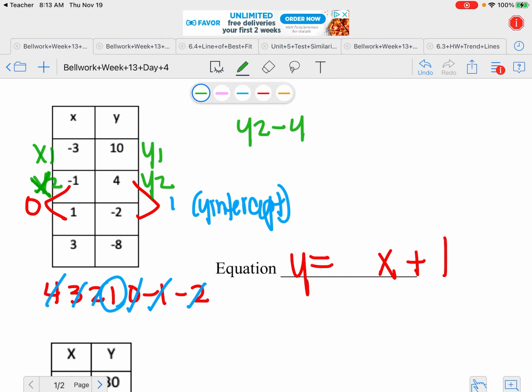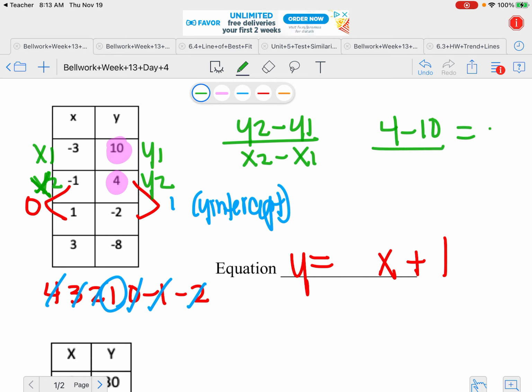I'm going to put those together, y2 minus y1 over x2 minus x1, which would be 4 minus 10. That is negative 6. And then negative 1 minus negative 3. And again, there's minus a negative, which turns into a positive. So negative 1 plus 3 would be 2.